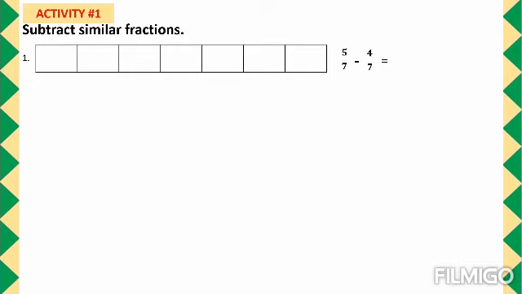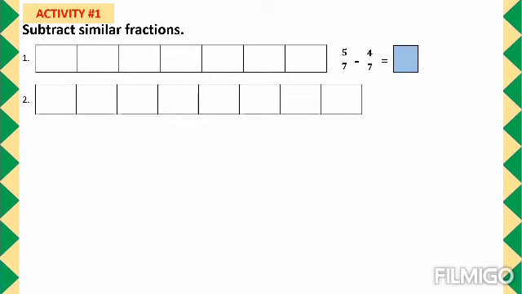Okay, so that is the first one. So you are going to find now the answer. And this is for number 2. Please start answering now. Just write your answer in the pad paper.